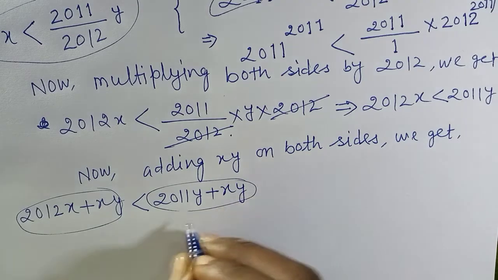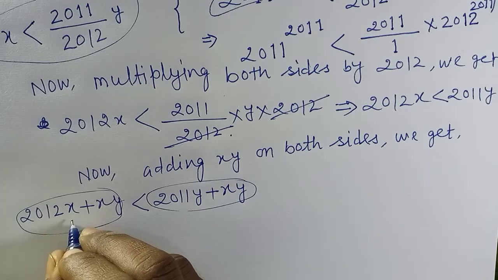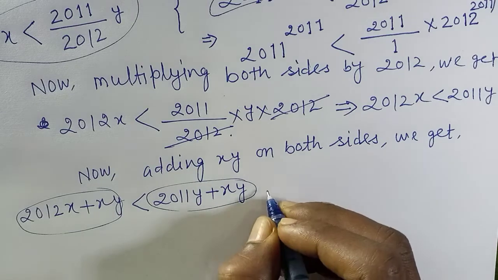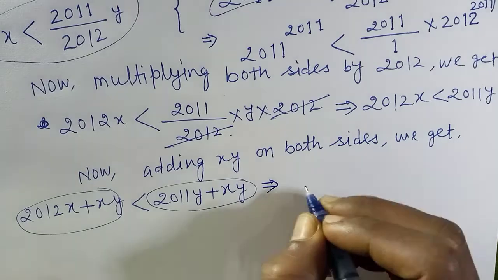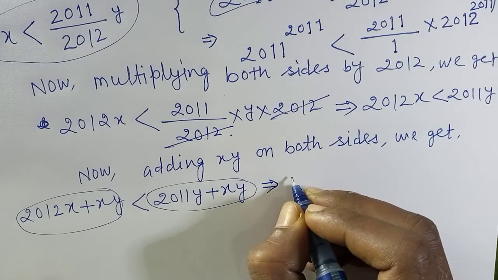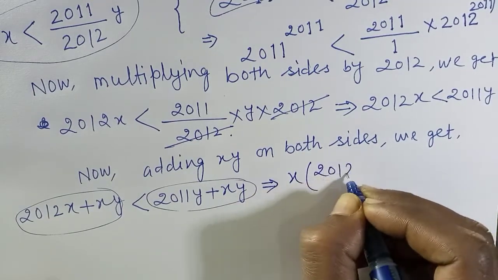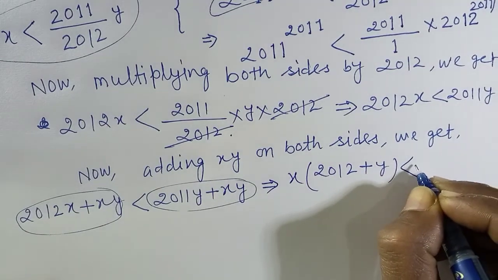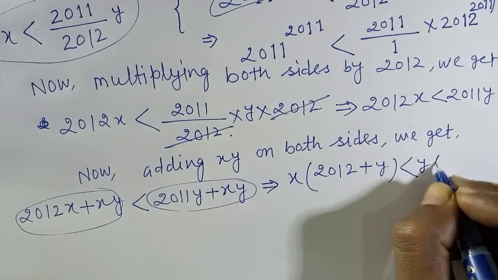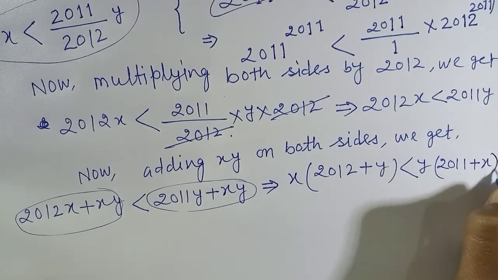So we have to factor out x from here and y from here. By factoring out x and y, we get x times 2012 plus y is less than y times 2011 plus x.